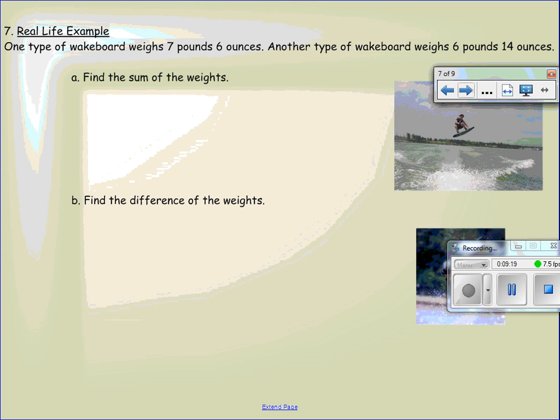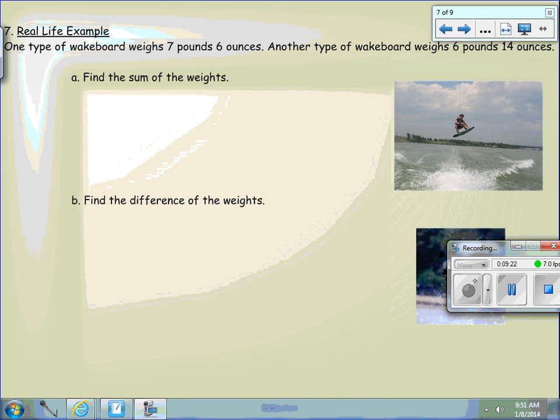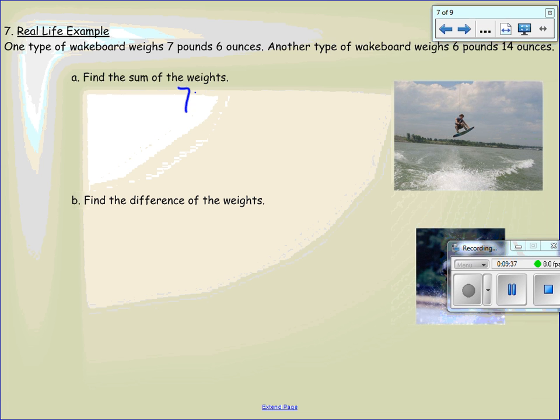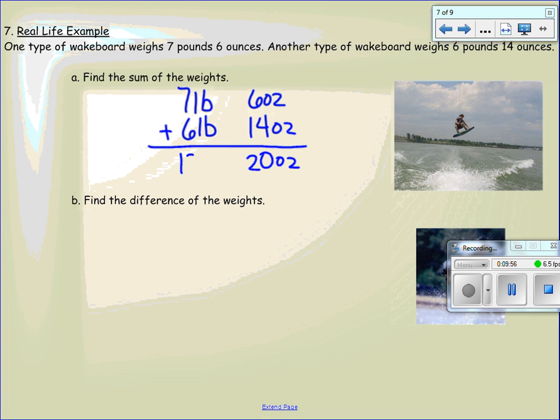Now in these examples right here, we're given a real life example. One type of wakeboard weighs 7 pounds, 6 ounces. Another type of wakeboard weighs 6 pounds, 14 ounces. In A, we're asked to find the sum of the weights, so we're going to add them together. 14 plus 6 is 20 ounces. 7 plus 6 is 13 pounds.